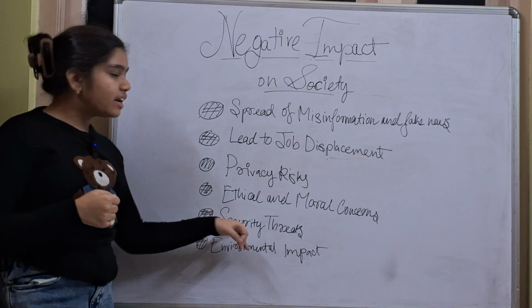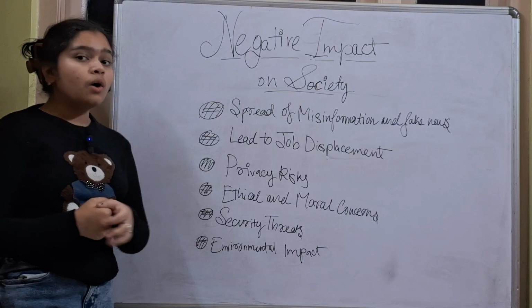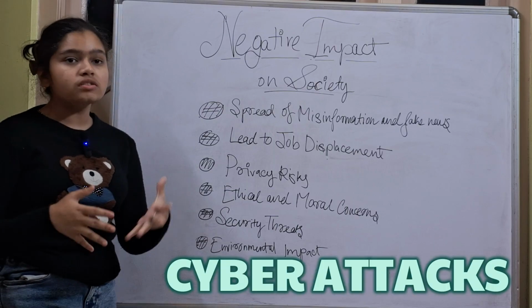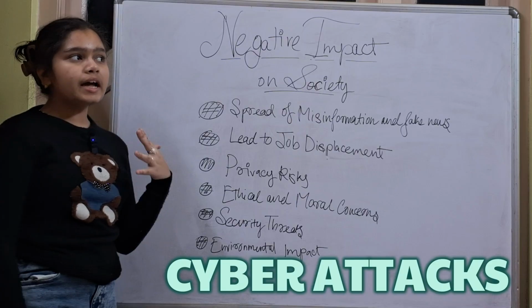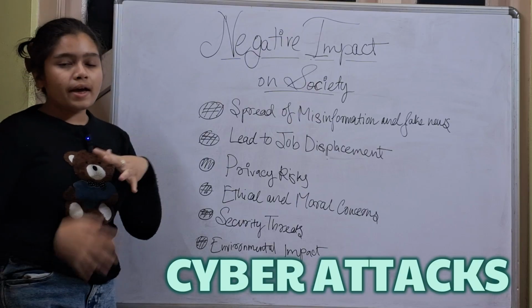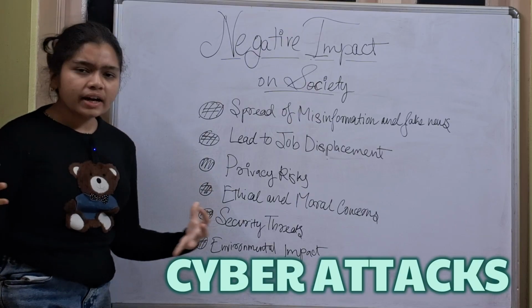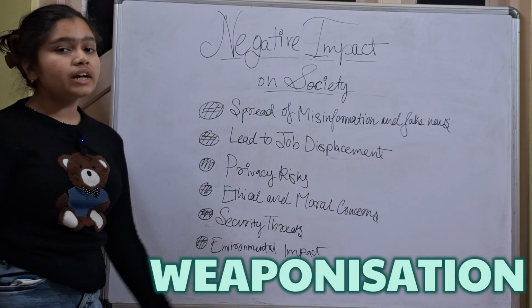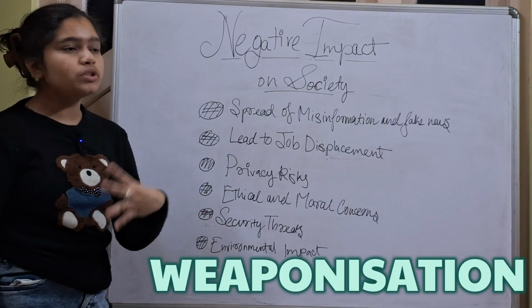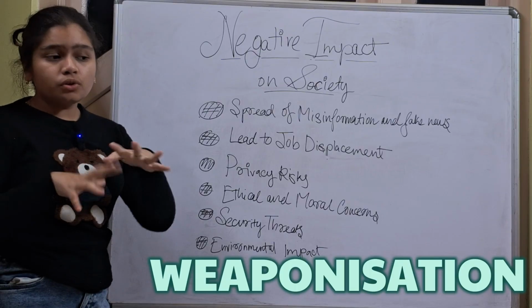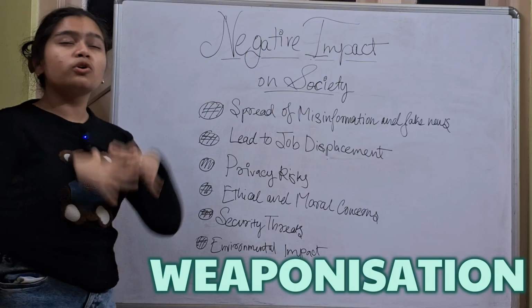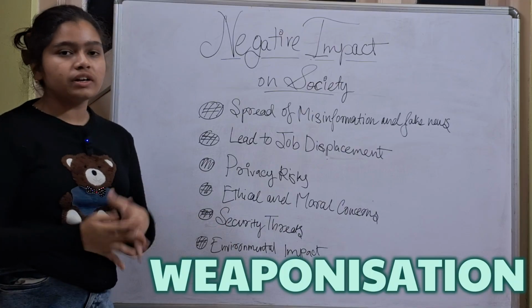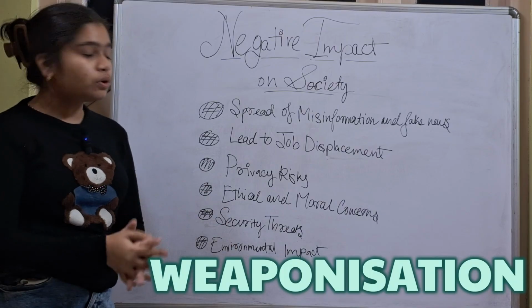Now security threats. Using AI, one can carry out cyber attacks, because one can create extravagant hacking systems. There is also weaponization. Using AI one can create dangerous weapons, which is a threat to the nation and also a threat globally.